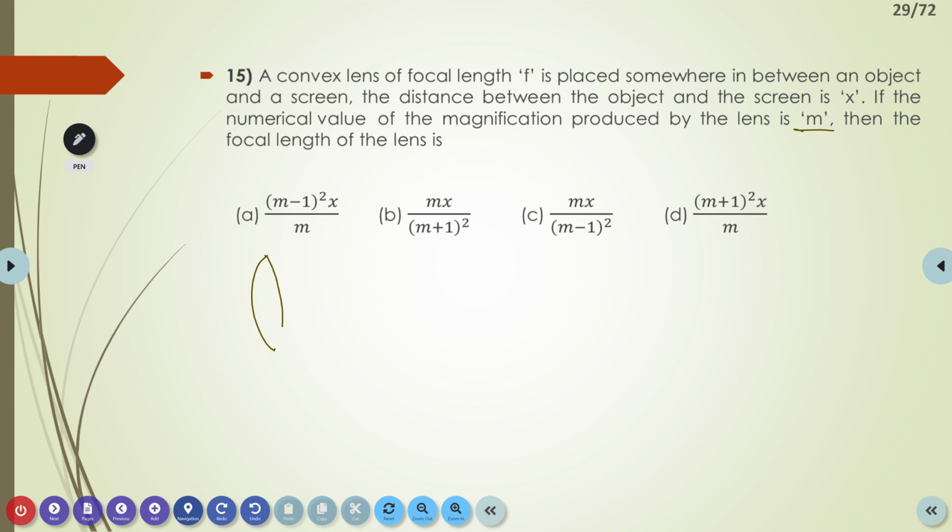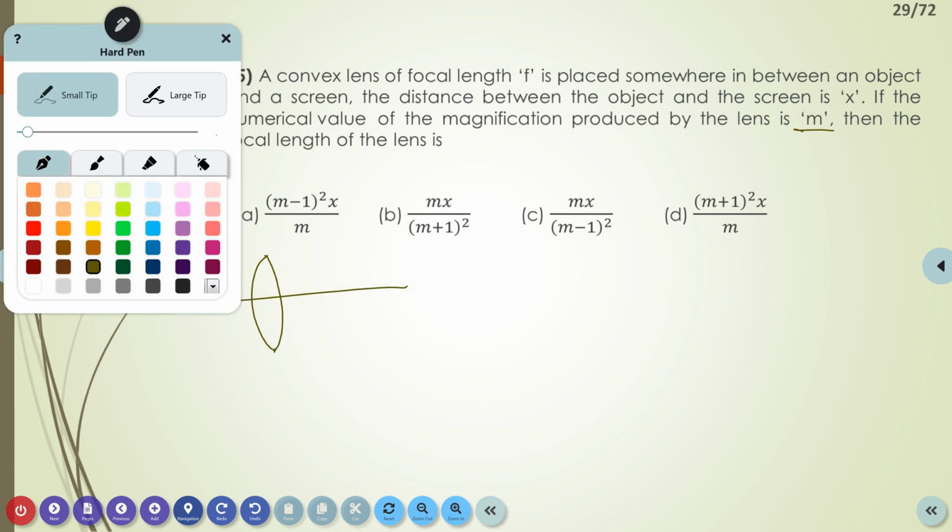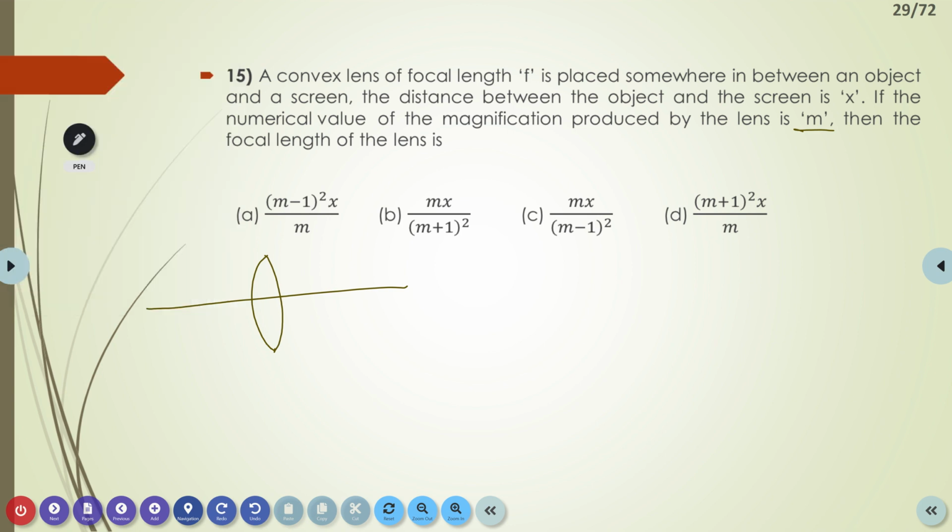This is the convex lens. Here, this is F, this also F. Here, this is the object, and somewhere here the image is formed. Correct. Distance between the object and the image, here the screen is placed.